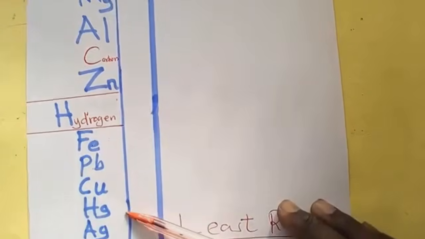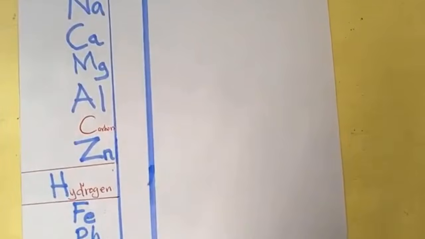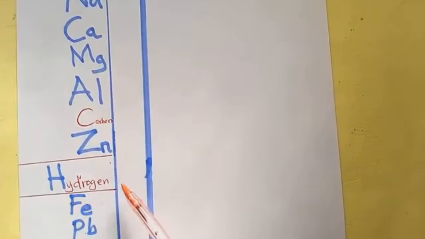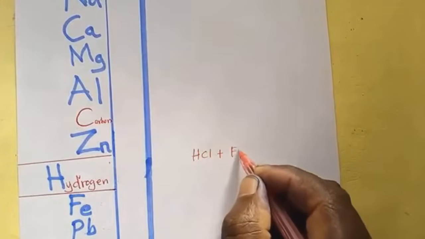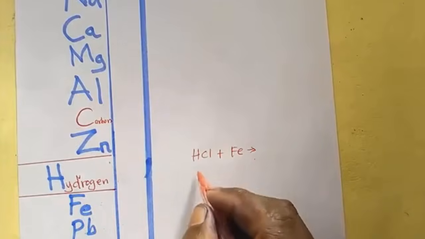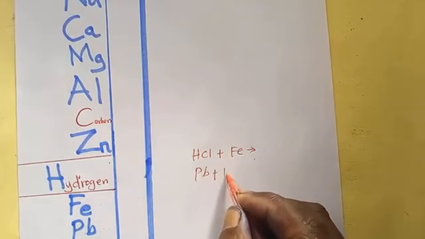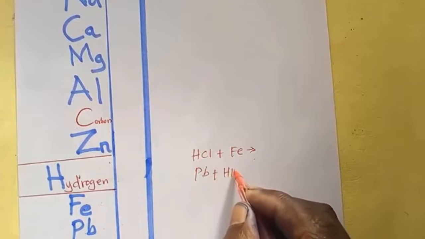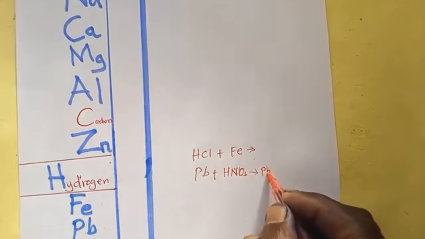Therefore, the reason why I'm showing you this is because you cannot react, for example, HCl plus iron to form iron(II) chloride. You cannot react lead directly with nitric acid to form lead nitrate.